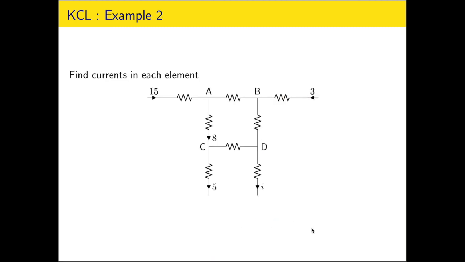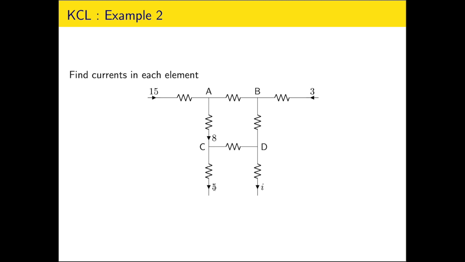Now let us take another example. Here we have to find the currents in each element. The currents which are marked are 3 ampere, 15 ampere, 5 ampere, and the objective is to find the current in each element.